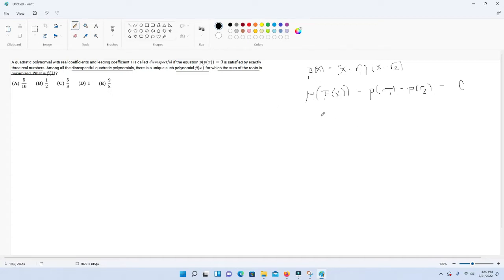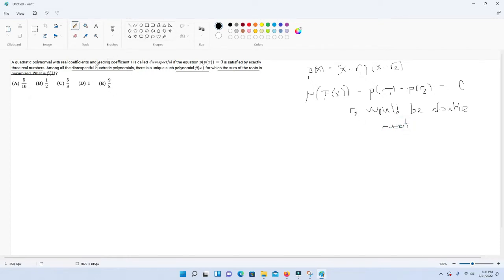So that would give us a function with the highest degree to the 4th power. Typically, we would expect 4 real numbers to be the solution. So the fact that there are only 3 real numbers as a solution insinuates that one pair of solutions is a double root. So let's say that r2 would be our double root.